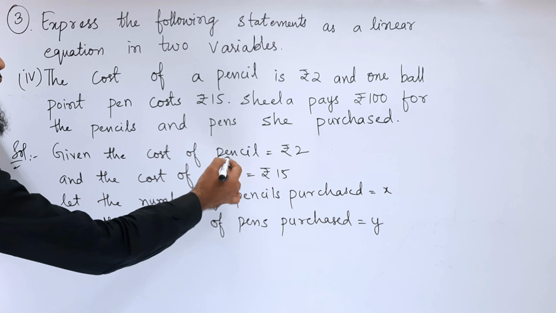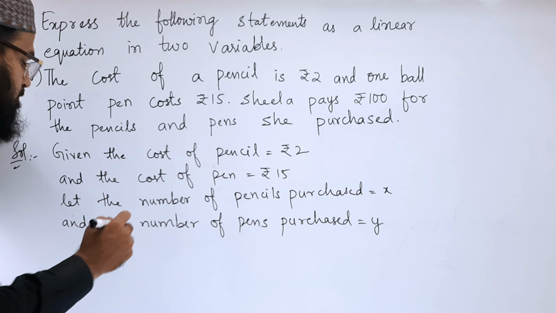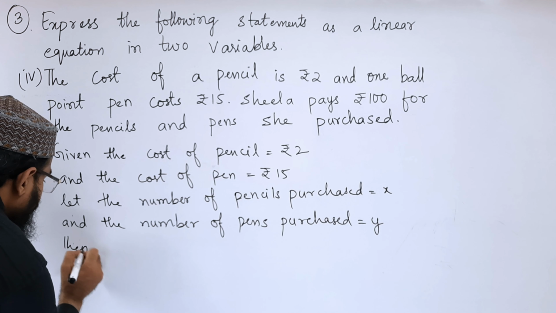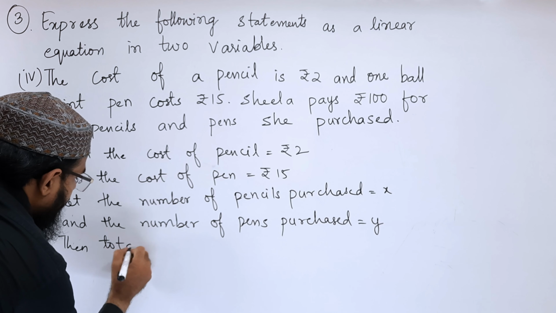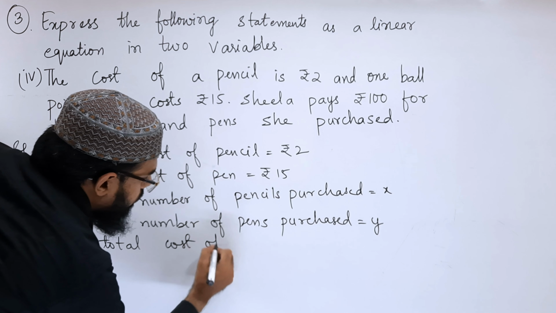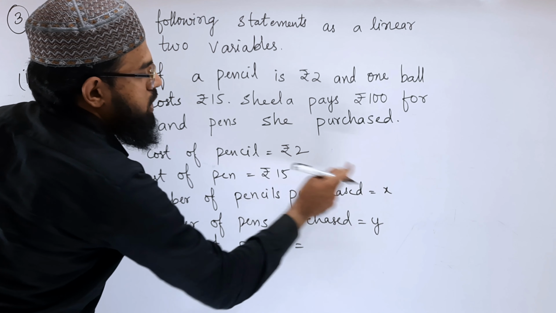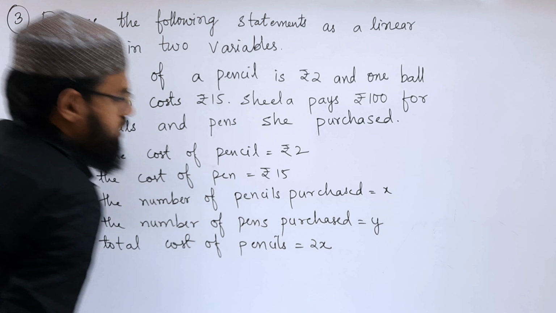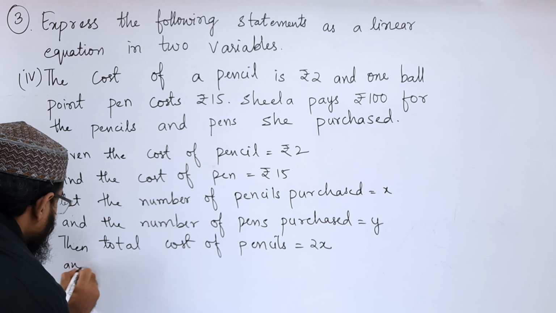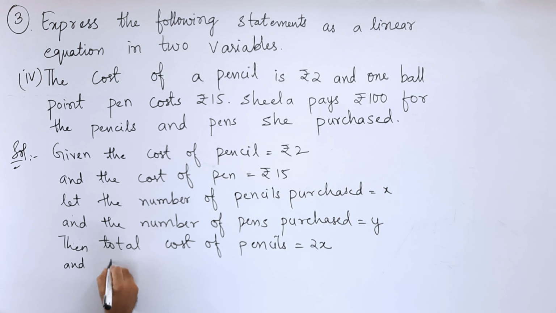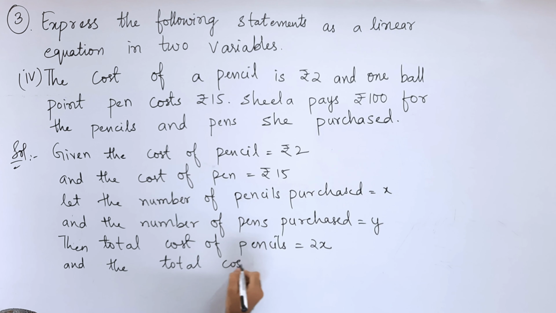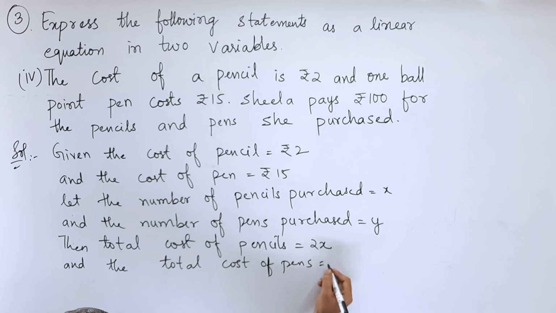Next, for pens and pencils, the total cost will be, then total cost of pencils is equals to, we need to multiply these two, 2 into x, so 2x, and the total cost of pens is equals to 15y.